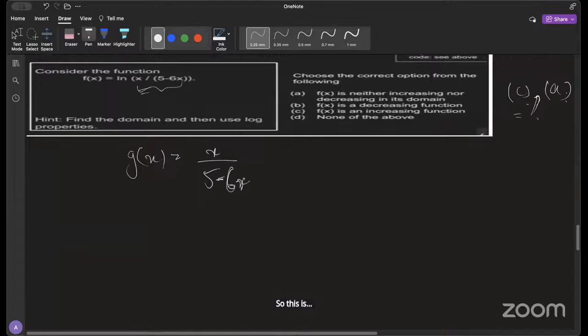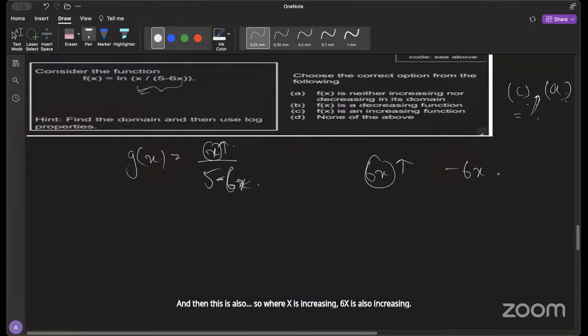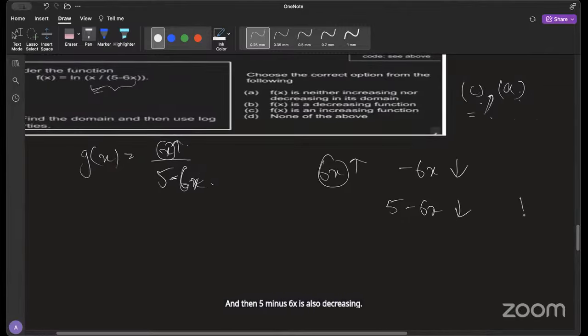You can quickly test that this is an increasing function, right? Your x is increasing, 6x is also increasing, minus 6x becomes decreasing, 5 minus 6x is also decreasing, and 1 by 5 minus 6x is increasing then. Is this fine?